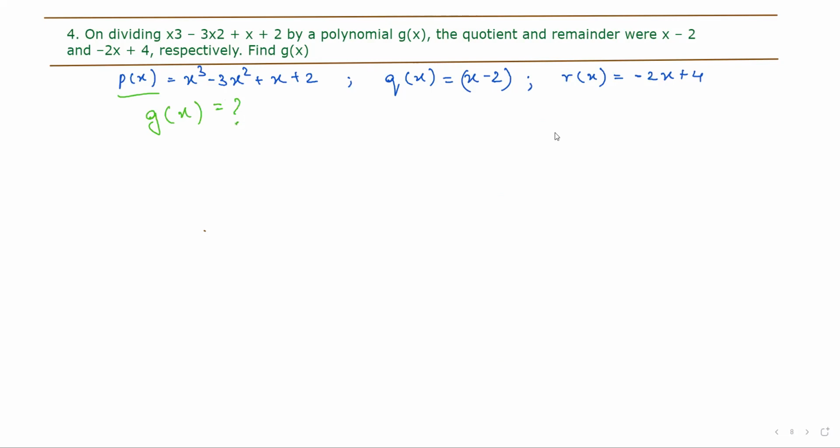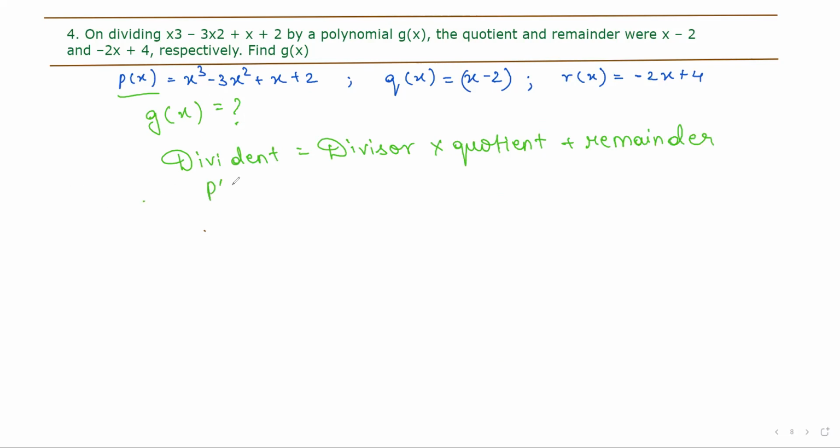Now, we know that dividend is equal to divisor into quotient plus remainder. This is a formula. So your dividend value is p of x.